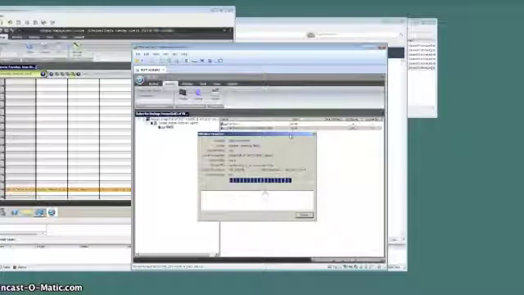I guess I can go back into Ultraback here. And since this image was taken before I created the 2 p.m. differential, it won't show up.